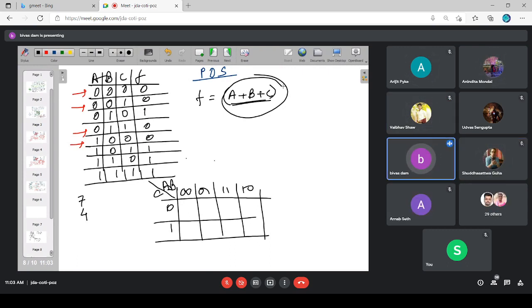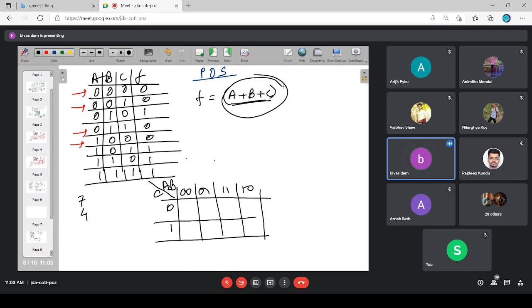And for how many input combinations will the output remain 1? 2 to the power n minus 1. So here, what is the value of n? 3. There are 8 cells, and due to this OR functionality, only one cell will get occupied by 0. So 2 to the power n minus 1, that means 7 cells will get occupied by 1.